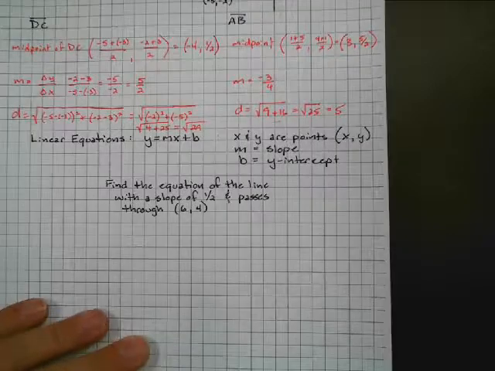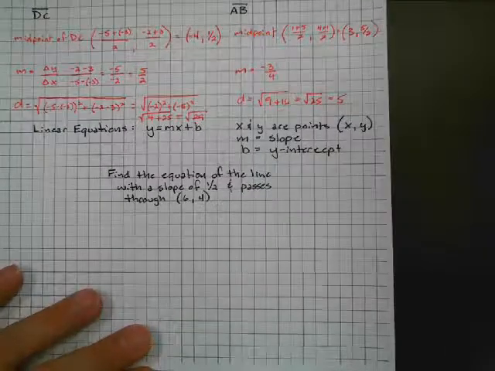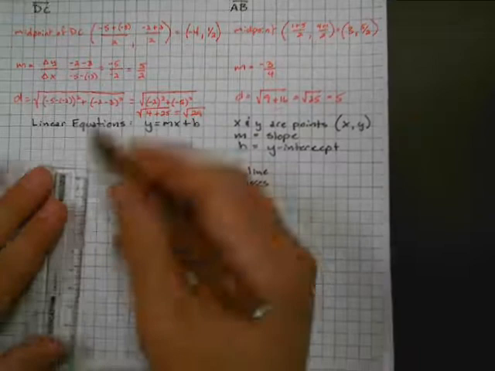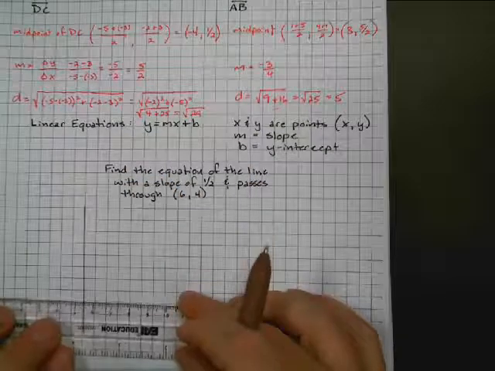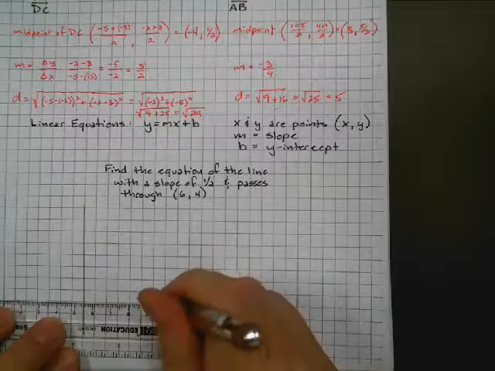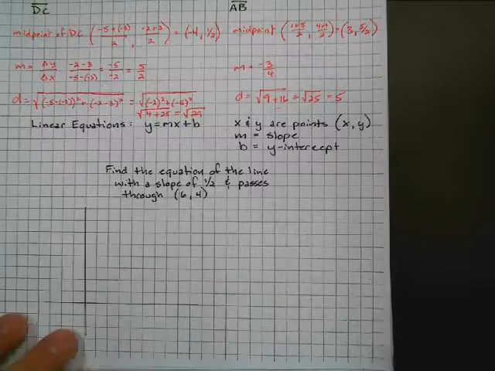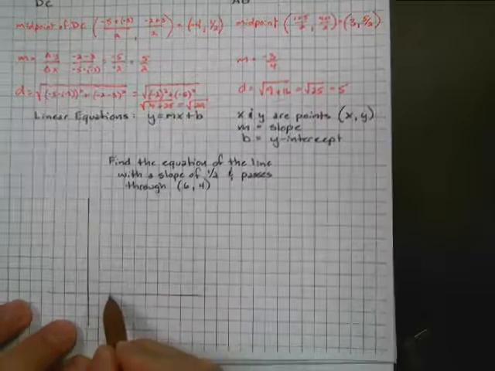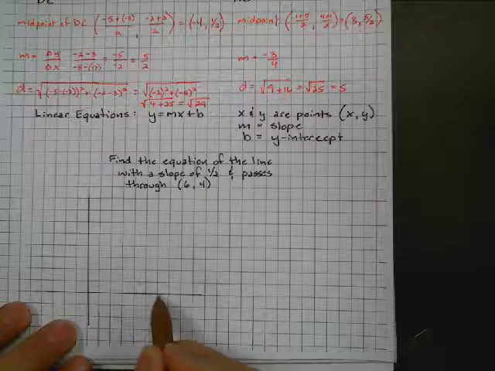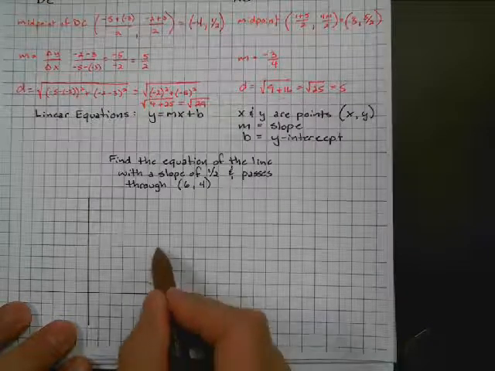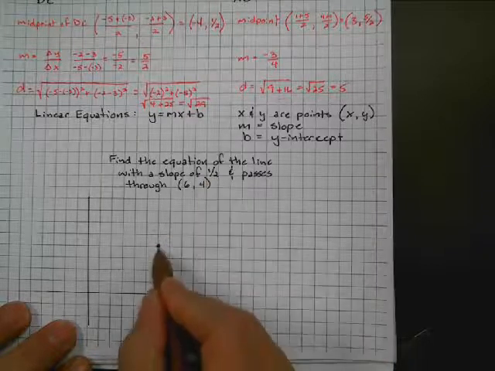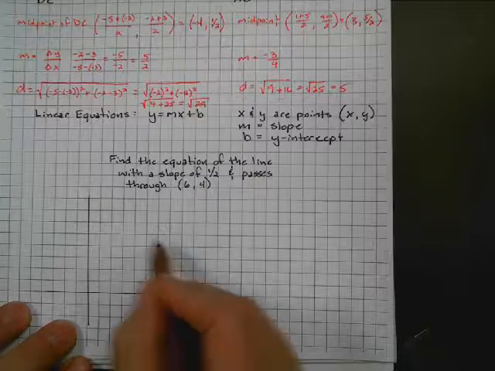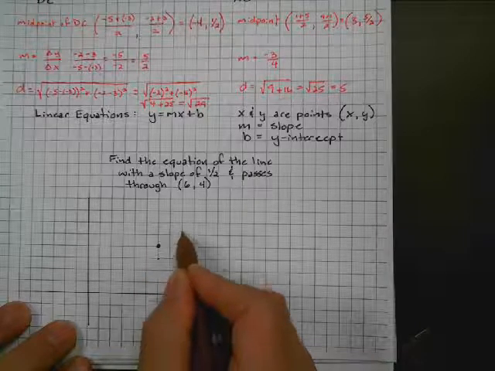Well, there's two ways you can do this. You can do the long method of actually graphing it. So (6, 4), where's that going to be? Let's say I've got 1, 2, 3, 4, 5, 6, and 1, 2, 3, 4. So there's (6, 4). My slope is 1/2. That means up 1 over 2, up 1 over 2.